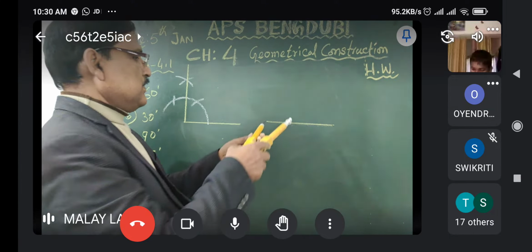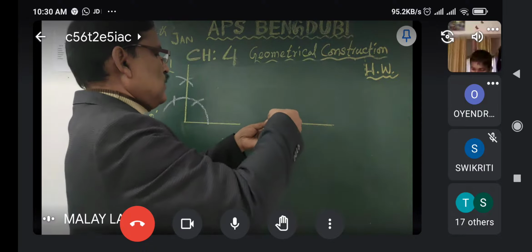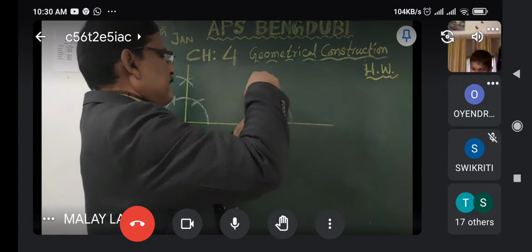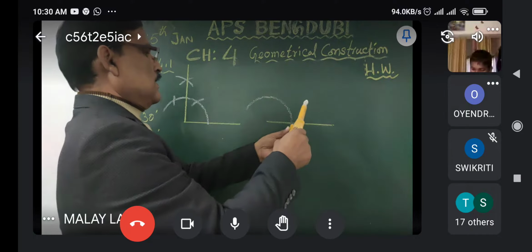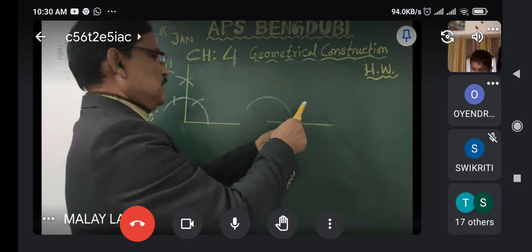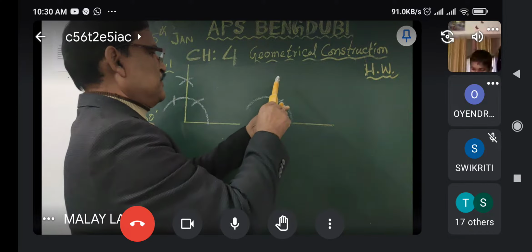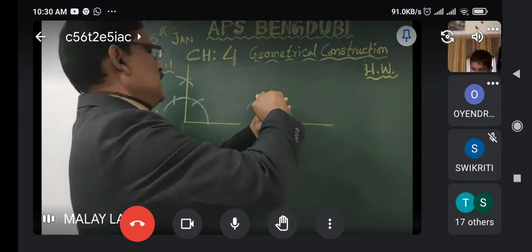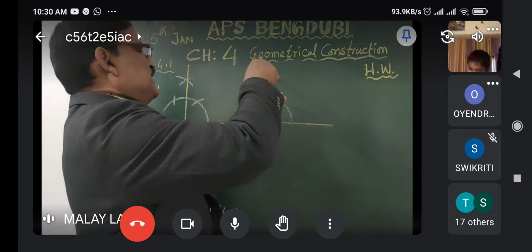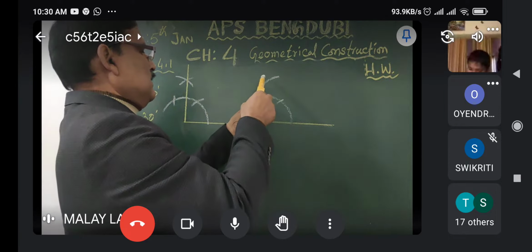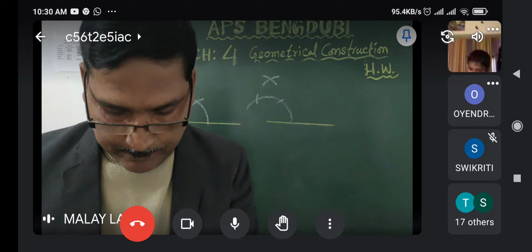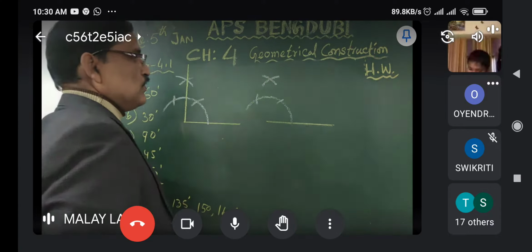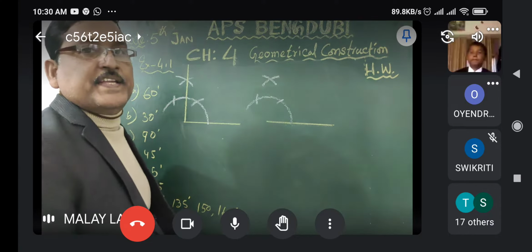Place at one point here, draw 90 degree. Now this one, cut 120, and between 120 and 60, the 90. Do you require 90? You don't require 90. But if you don't join it, you cannot make it out.